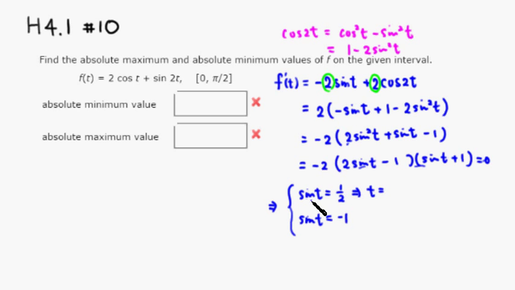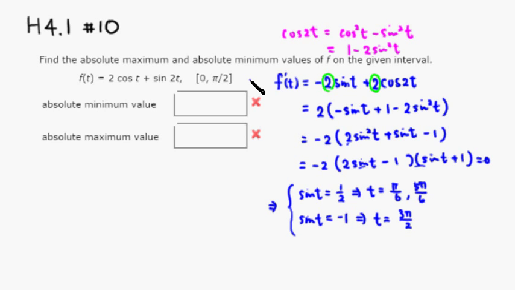We want the angle that makes sine equal to 1/2, so that would be 30 degrees or pi over 6, or 5 pi over 6. And we want sine of t to be negative 1, so t is equal to 3 pi over 2, which is 270 degrees.